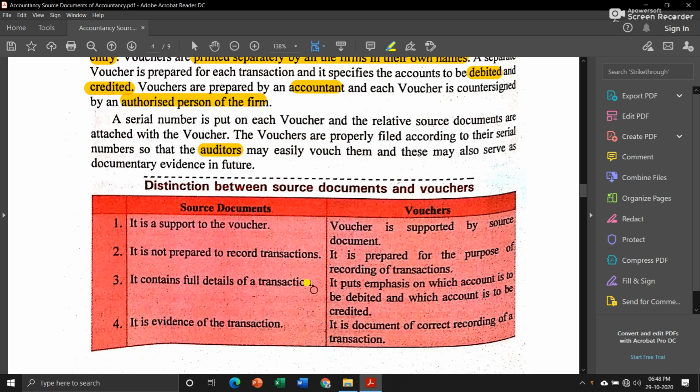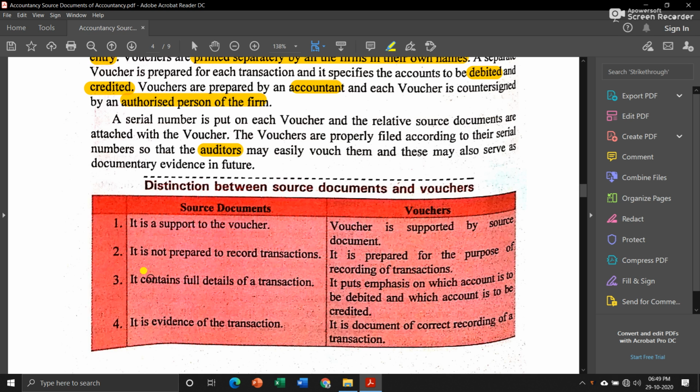Now let us see some differences between source documents and voucher. Source documents support vouchers, while vouchers are supported by source documents. Source documents are not prepared to record transactions, meaning they are proof of transactions but they are not prepared to record transactions. But the sole aim of preparing a voucher is to record the transaction.